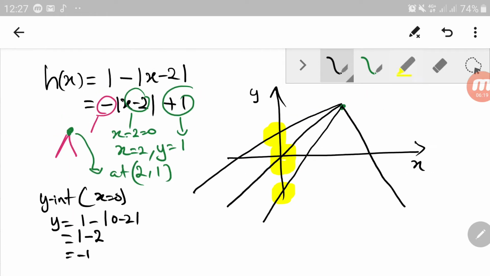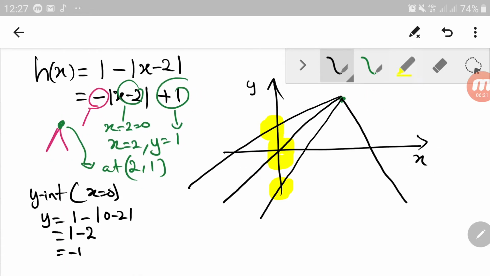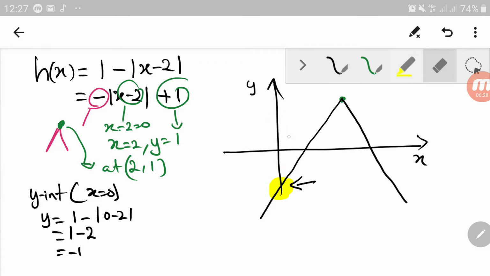So we are expecting a negative y-intercept, which is over here, so we can get rid of these 2. And then we label the chosen one as minus 1. Oh sorry, forgot to label this one. This one is 2, this one is 1.